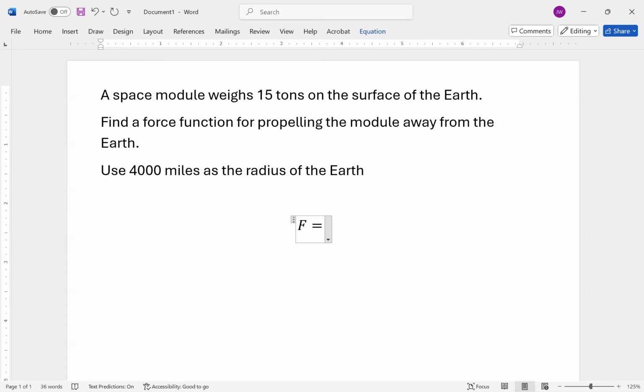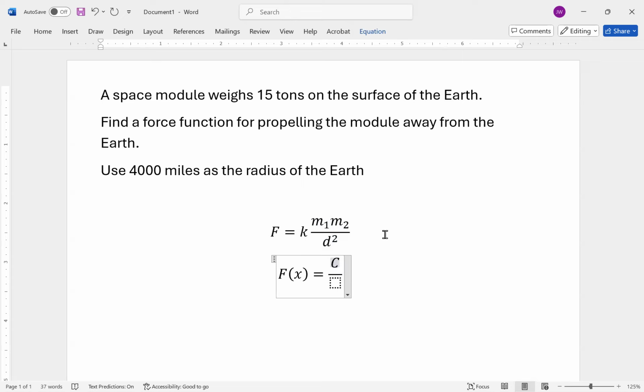Now I have enough information to create my force function. Again, force function is K, gravitational constant, times mass 1 times mass 2. But all of those things, the mass 1 times mass 2, are constant. So what I do is I say my force function is actually one constant number.